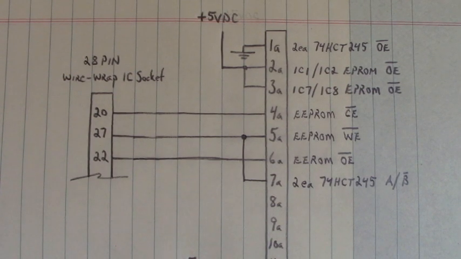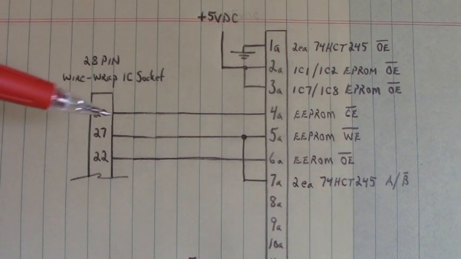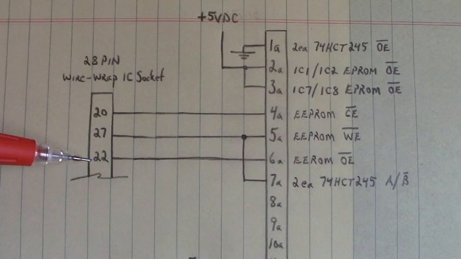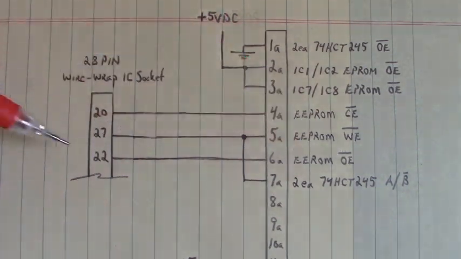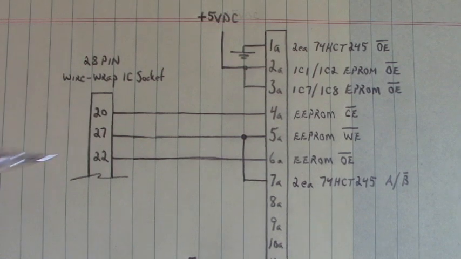And it replicates the, if you pull up the data sheet, pin 20 on that E-square prom is the chip enable. Pin 27 is the write enable. Pin 22 on the E-square prom is the output enable. We have to do that so it properly gets plugged into and connected to the programmer.